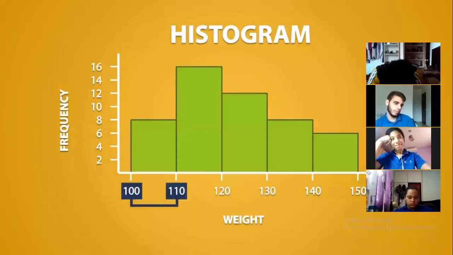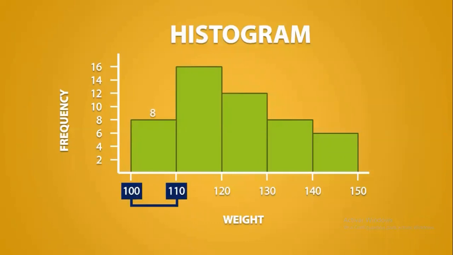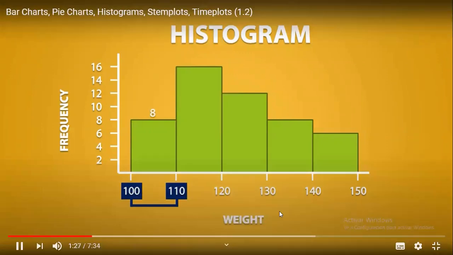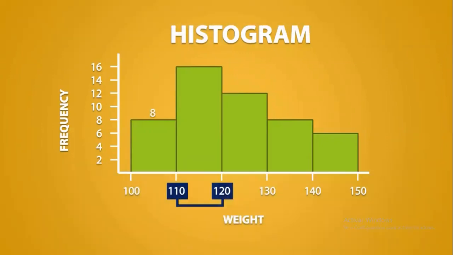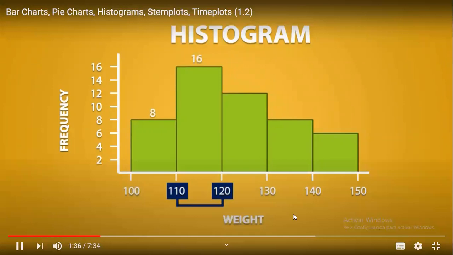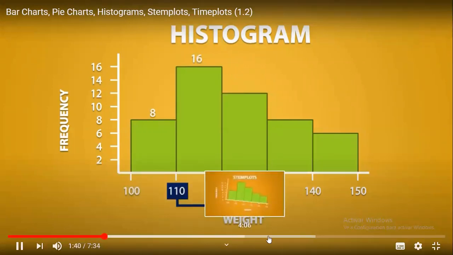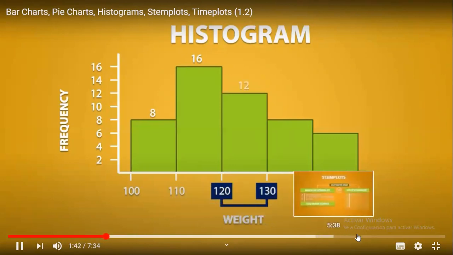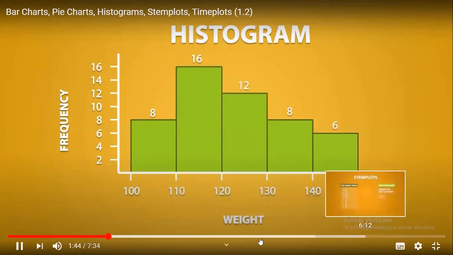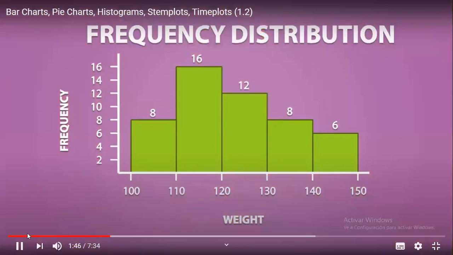So for the interval between 100 and 110, we see that the bar has a height of 8. For the next interval, we see that the height is 16. So this means that 16 out of the total people I collected data from weigh between 110 and 120 pounds. The rest of the histogram can be read in a similar fashion. A histogram is a form of a frequency distribution.